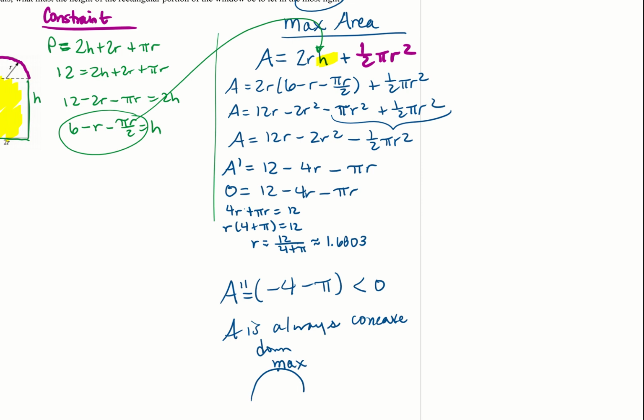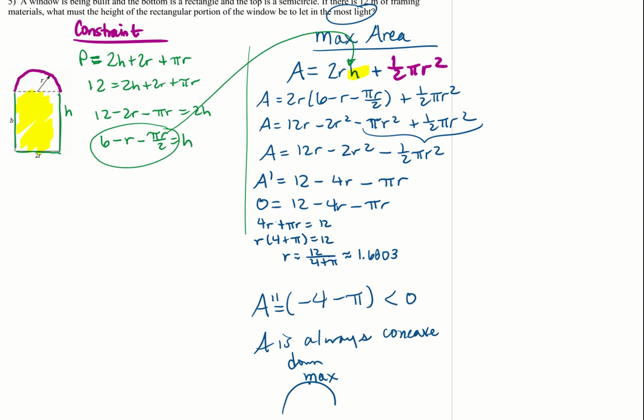So I must have the right value for r to provide the max area, but I want to find h. So to find h, I will do 6 minus r. I'll probably use the exact value, since I'll just put this into the calculator. Minus pi times this nonsense. And this will tell me what h is.